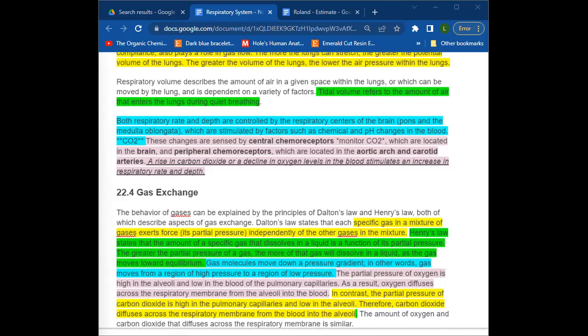Okay, so we need to know that there's two different types of chemoreceptors. There's peripheral and central. So peripheral chemoreceptors are located inside of major arteries, specifically the aortic arch and the carotid artery.